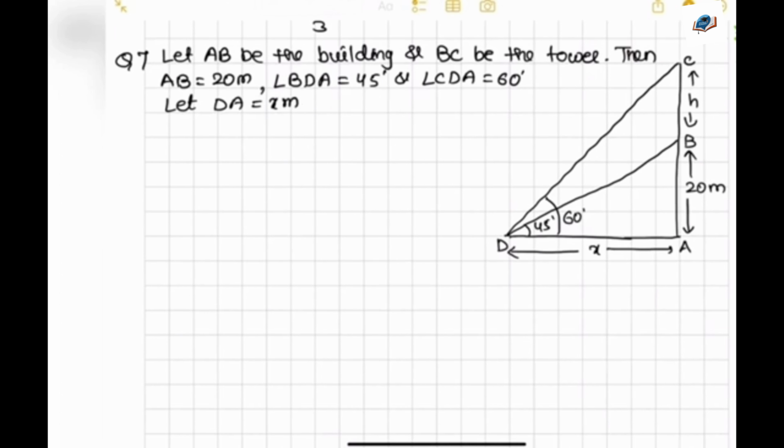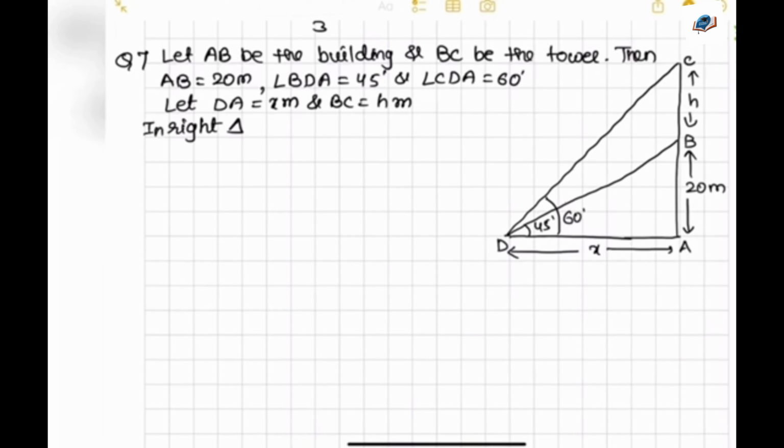Now let us suppose DA equal to x meter. That is the distance between the observer and the building, be x meter. And BC, the height of the tower, be h meter.